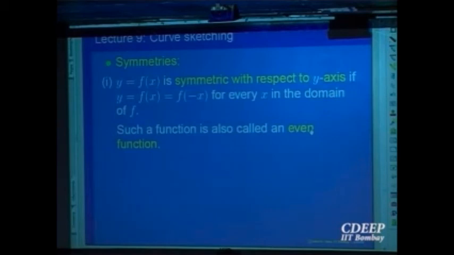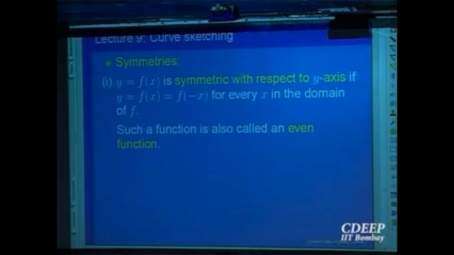Right? So what is the advantage of observing this kind of symmetry? Namely, you don't have to draw the picture on both sides. If you draw on one side, then you can reflect it on the other side and you have a picture of the function. So it shortens the work. So that is called an even function.